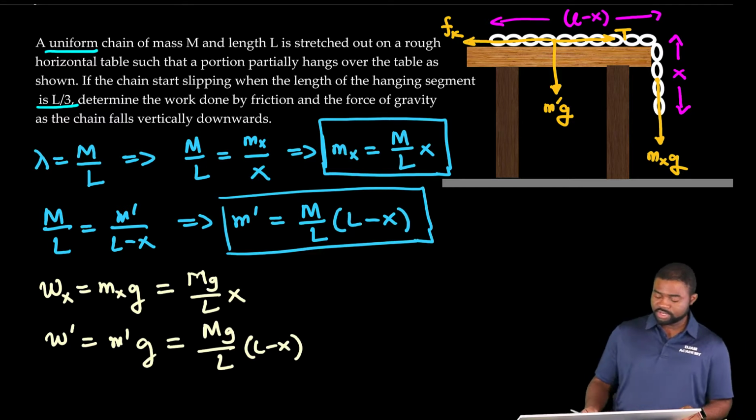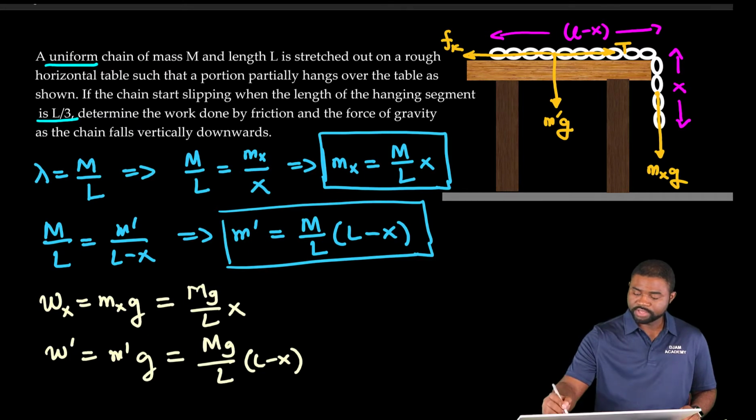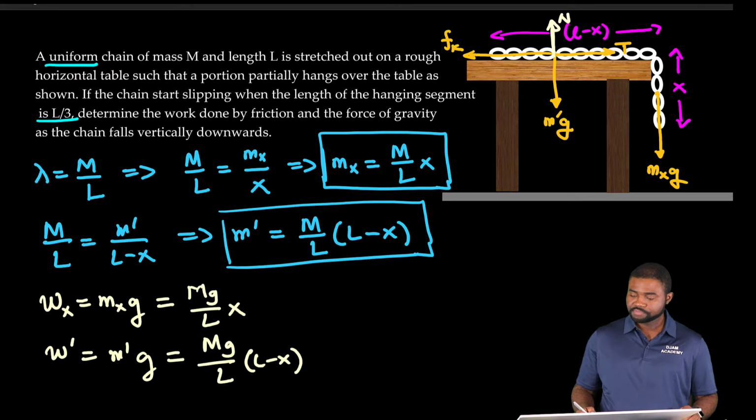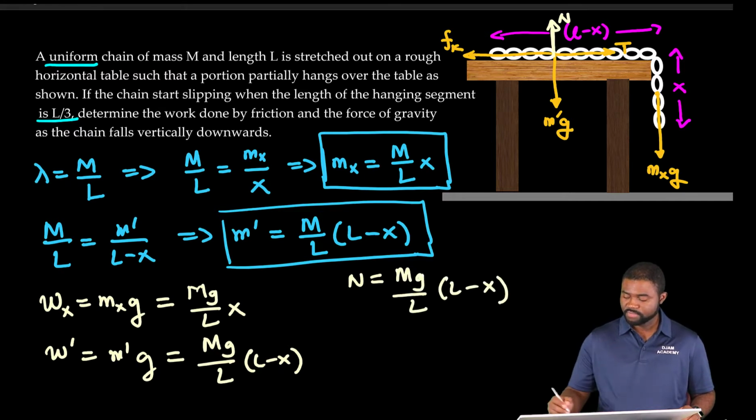Now the good news is, when you look at the portion on the table, there is a normal force acting upwards, and we know that N is equal to the weight, which is just capital Mg over L bracket L minus x.